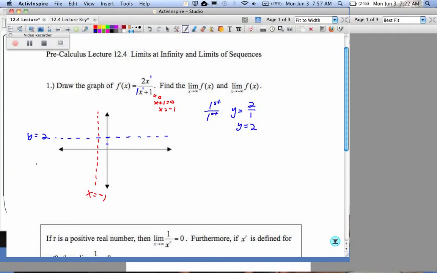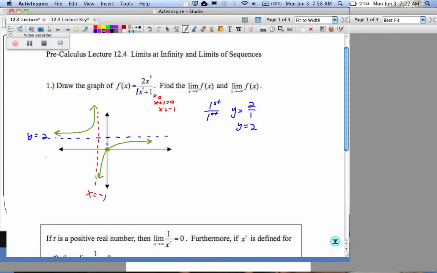And then you could certainly do some plugging in to figure out where you're at. What happens when x is 0? Y is 0. Right? So that tells me I must be down here. And then I assume that it's going to be here.